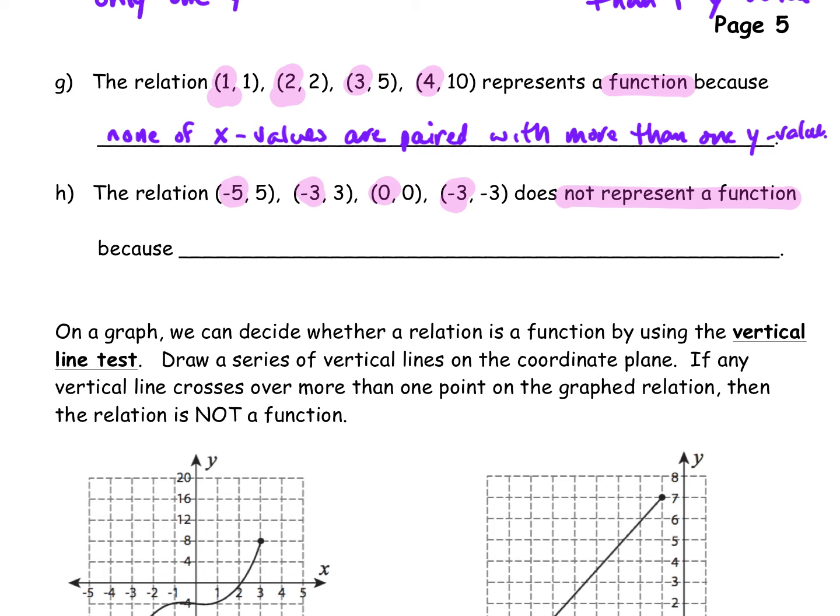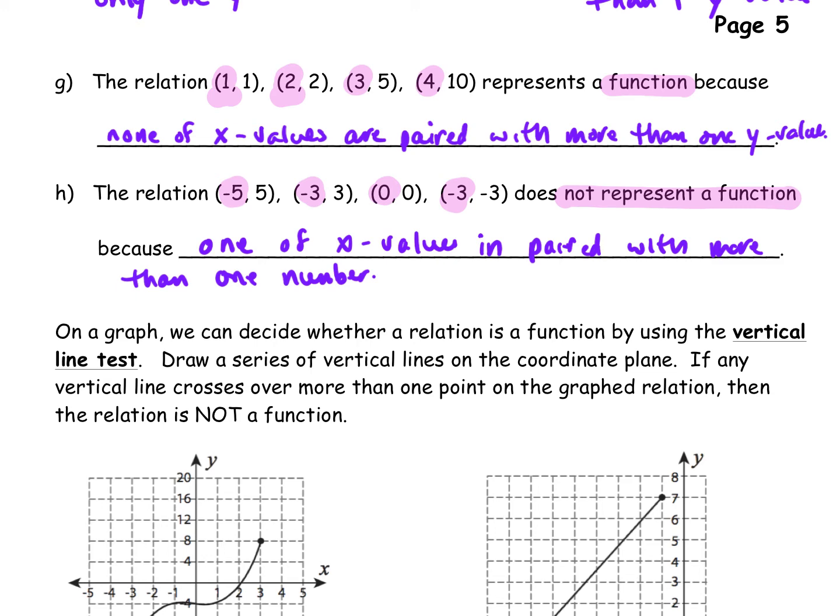So this is not a function because one of the x values is paired with more than one number. Again, from my brain, I would probably think that one of the x values is repeated, but the official definition is that an x value cannot be paired with more than one y value.